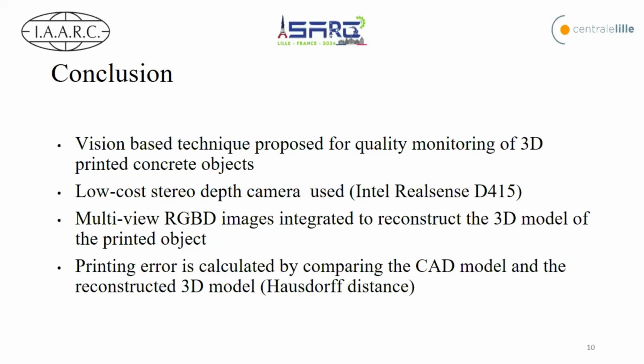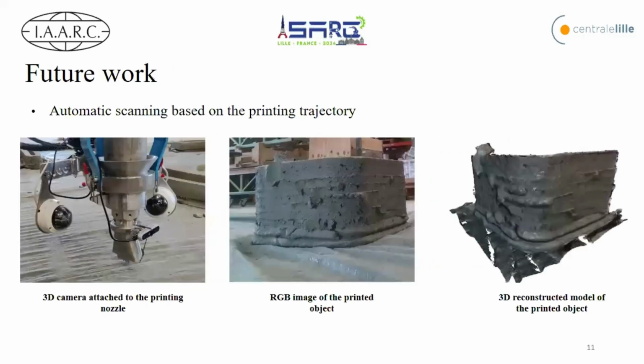In this paper, we showed how to use a low-cost stereo depth camera to reconstruct a 3D model to be able to evaluate the quality of 3D printed concrete objects. Future work consists of installing the 3D camera on the nozzle of the 3D printer, so that instead of a manual scanning process, we integrate the scanning into the program of the printing process.